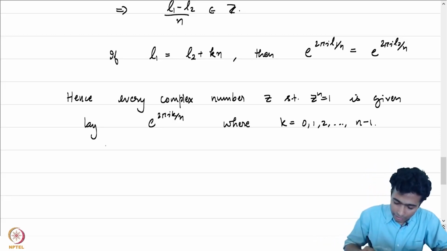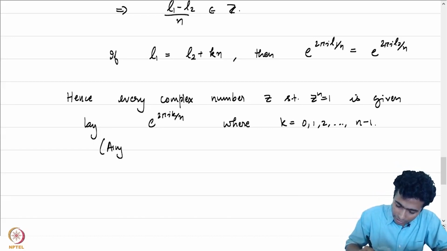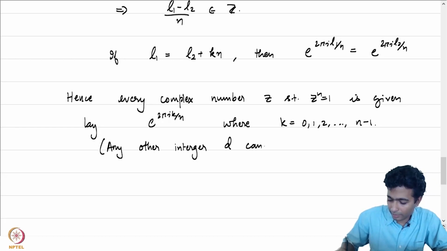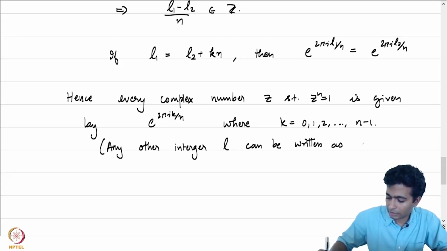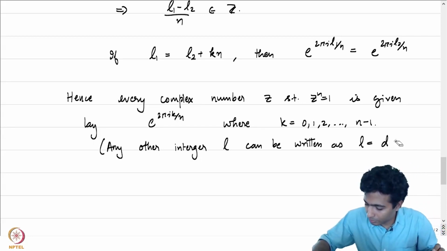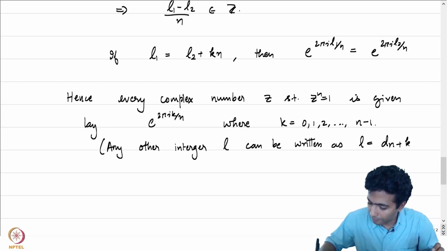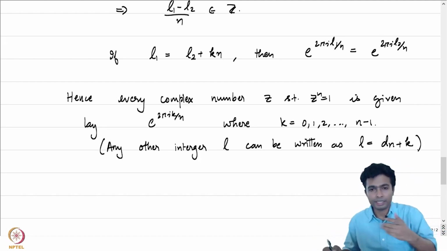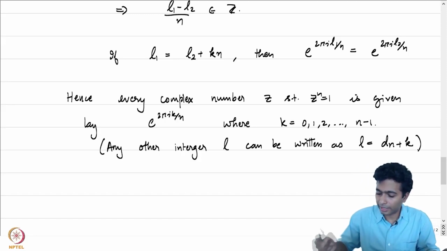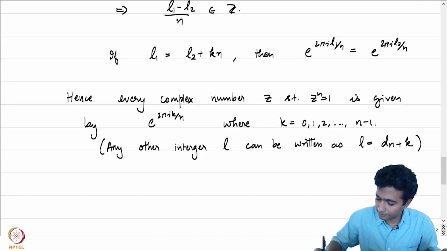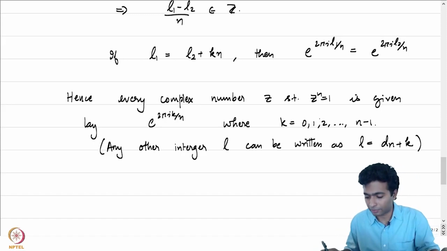We can write, let me just write it in brackets, any other integer L can be written as L is equal to d times n plus k, where d is some divisor and k is the remainder, where k is in 0, 1, 2, 3 up to n minus 1.